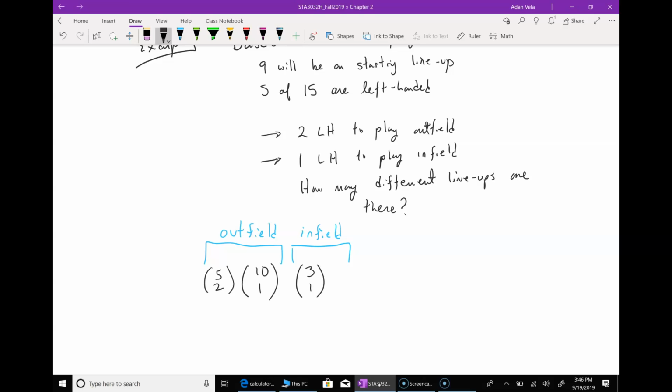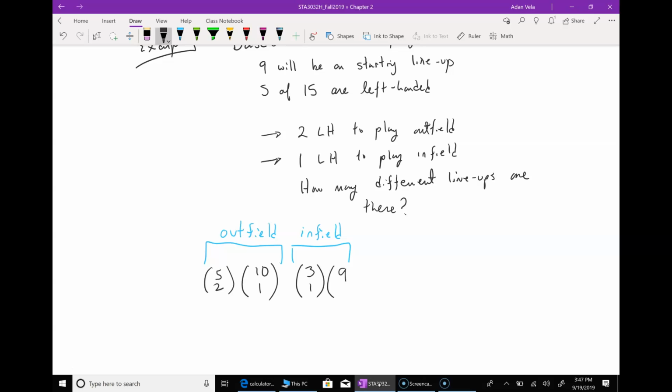Now, in terms of our right-handed players, we started off with 10. We chose 1 to play outfield. We have 9 players left who are right-handed, and they're going to be assigned to the remaining infield positions.